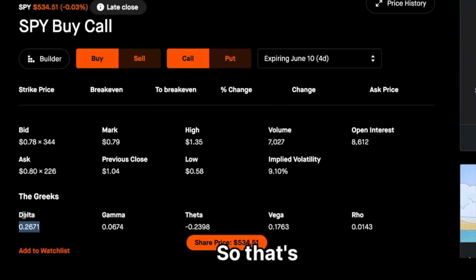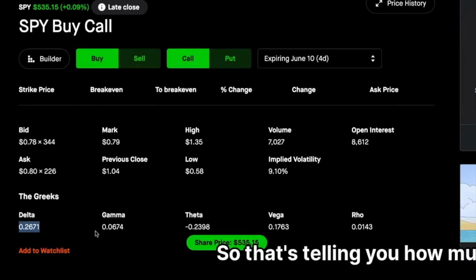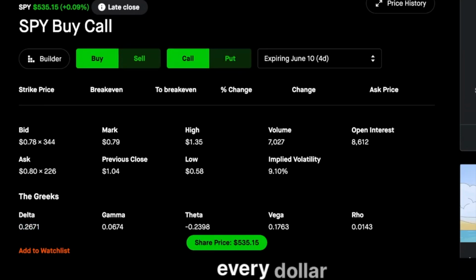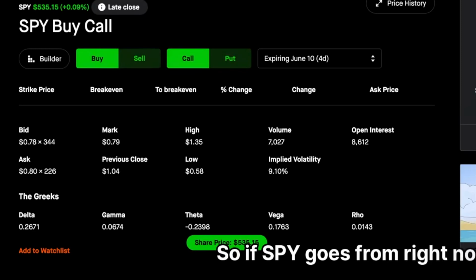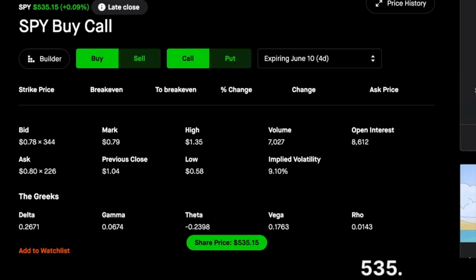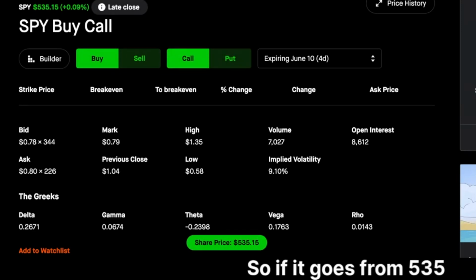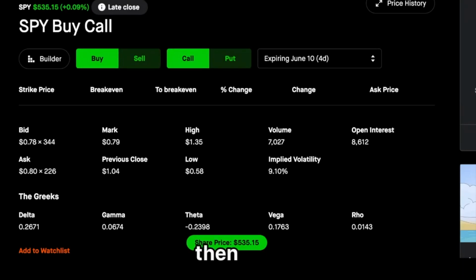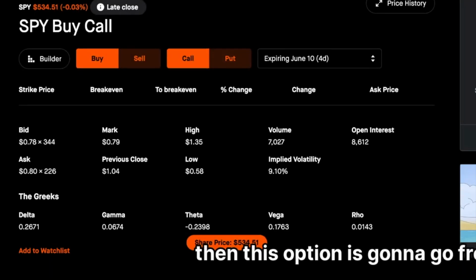So that's telling you how much your options contract is going to increase for every dollar that the stock goes up. So if SPY goes from, right now we're looking at this and the share price is 535, if it goes from 535 to 536, then this option is going to go from $80 to $106.